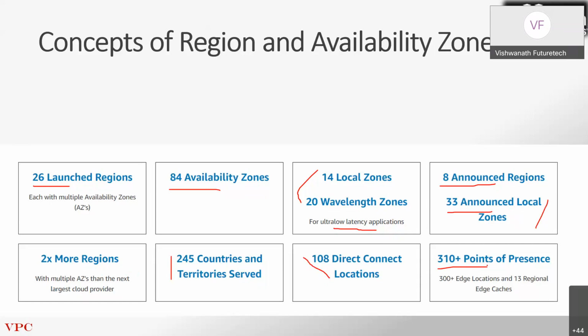Like in India, Mumbai is the region, and Mumbai has 3 availability zones that form a region. Apart from that, we have around 6 or 7 points of presence. A point of presence is like a tiny data center trying to go as close as possible to the customer so they can get connected to that region.